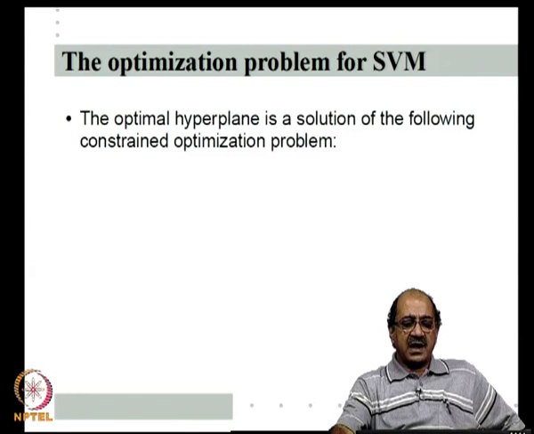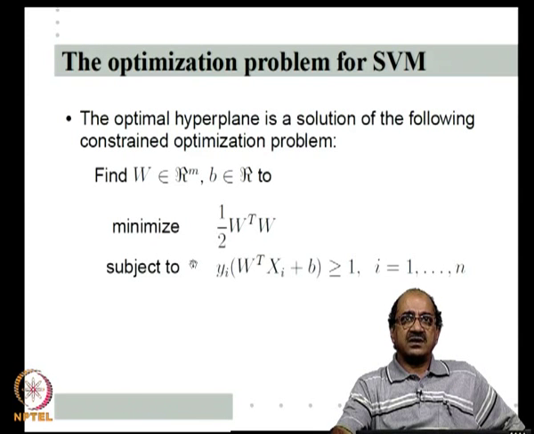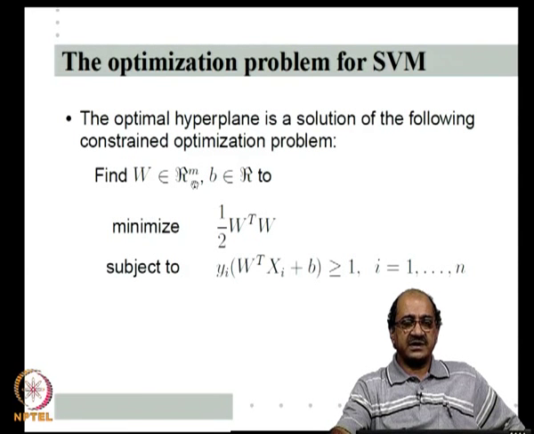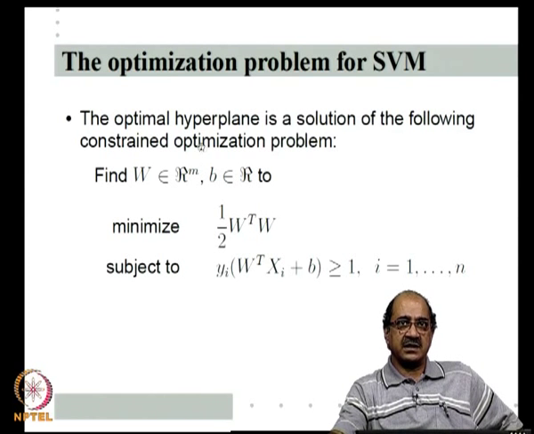So, the optimal hyperplane is a solution of the following constrained optimization problem. The optimization variables are W and b. Recall that our notation is that our feature vectors are in m dimensional space.